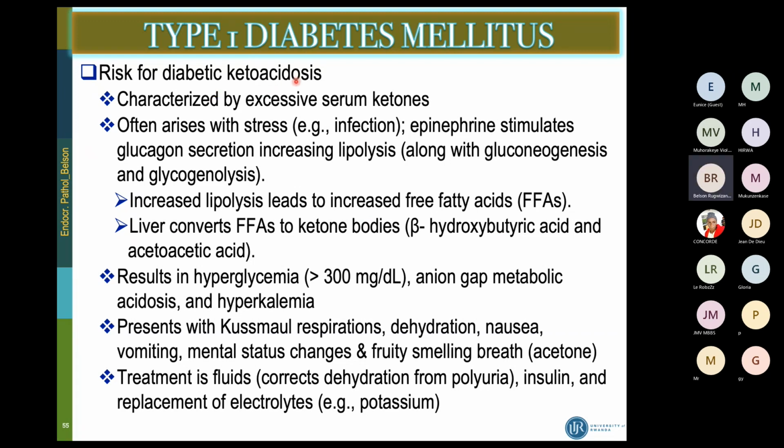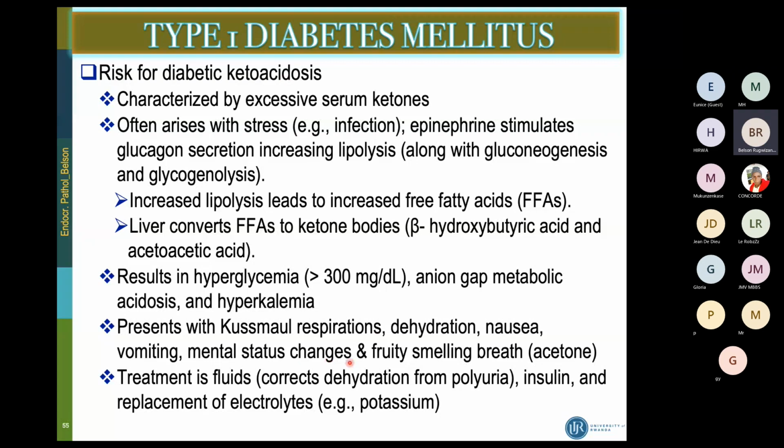Abarwayi benshi babaza bari muri koma bafite diabete, akenshi koma bayitewe n'iyi ketoacidosis. So also they have hyperglycemia, of course, hyperkalemia, metabolic acidosis because of these ketones, bagera guhumeka kwabo kuri hejuru vuba, dehydration, nausea, all this they are about ketoacidosis.